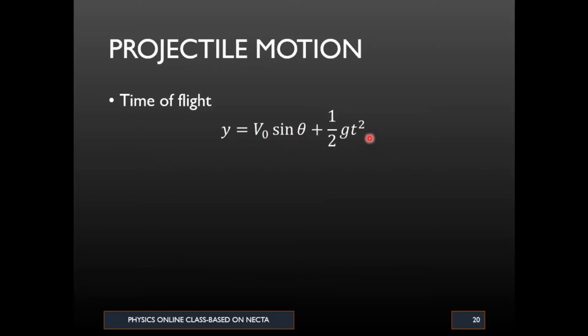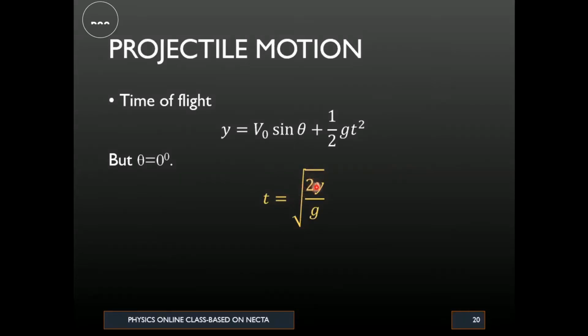Now, when you make t square the subject of this equation, we obtain the time of flight t is equal to square root of 2y divided by g. Therefore, this equation represents the time of flight for the body projected horizontally.